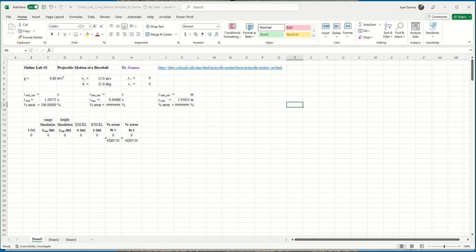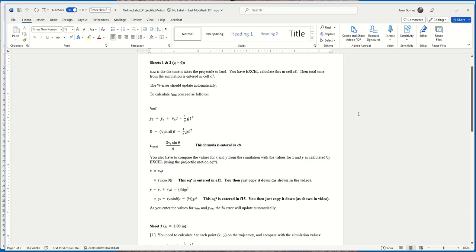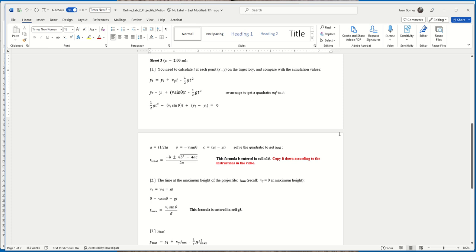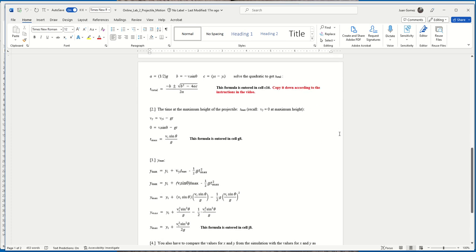Now, what is t max? Well, t max is the time at the max height. That's given right here. Remember, we're using projectile motion equation 3: Vy is equal to Vyi minus gt.